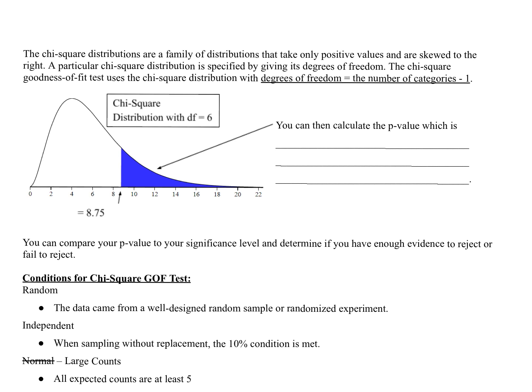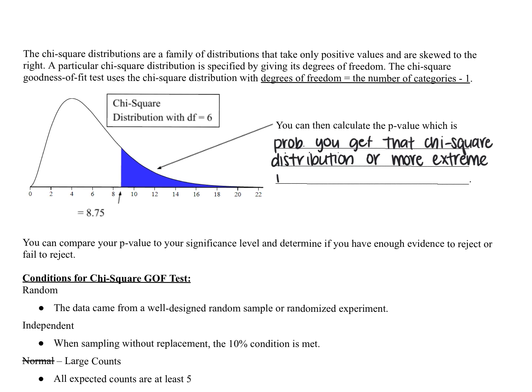And the p-value is the probability you get that chi-square distribution or more extreme if H naught is true.